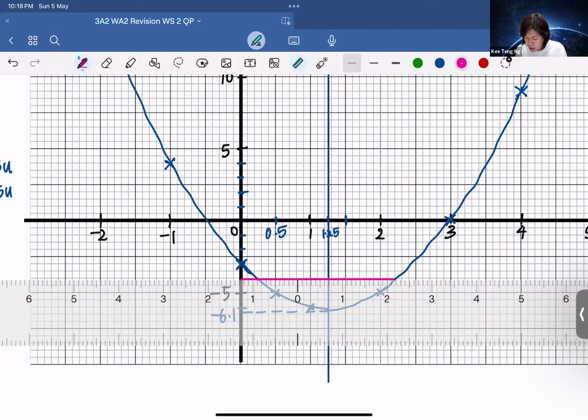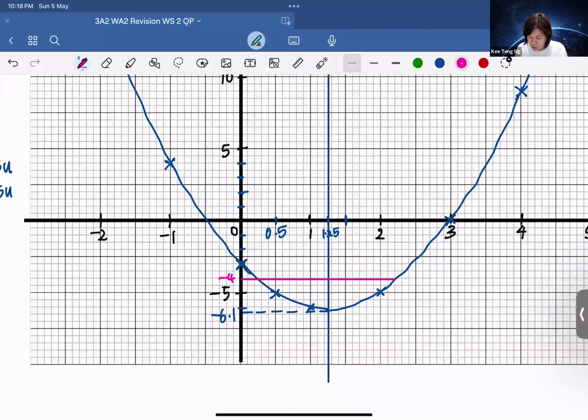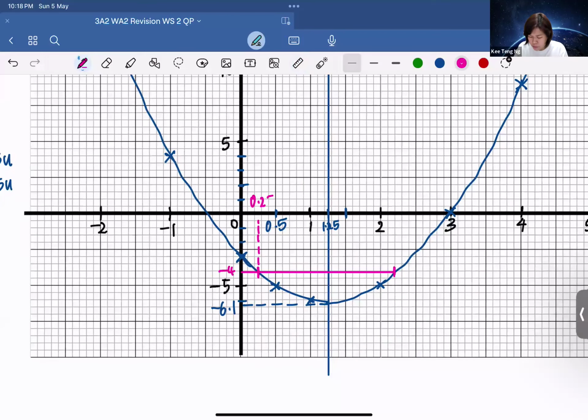Okay, the line y equals negative 4 cuts my curve at 2 points, over here and over here. So reading this answer, this will give me about 0.25, and the other one will be about 2.2.